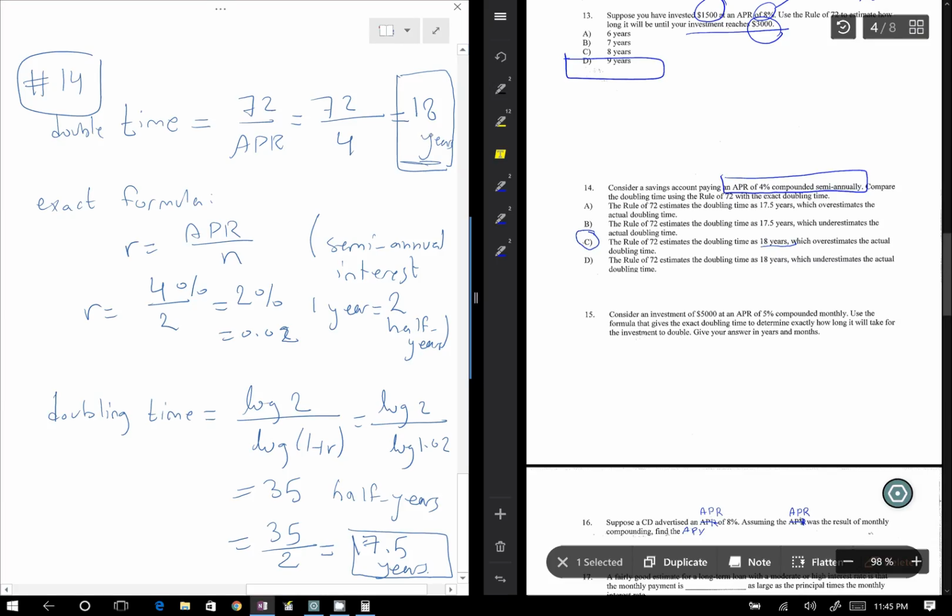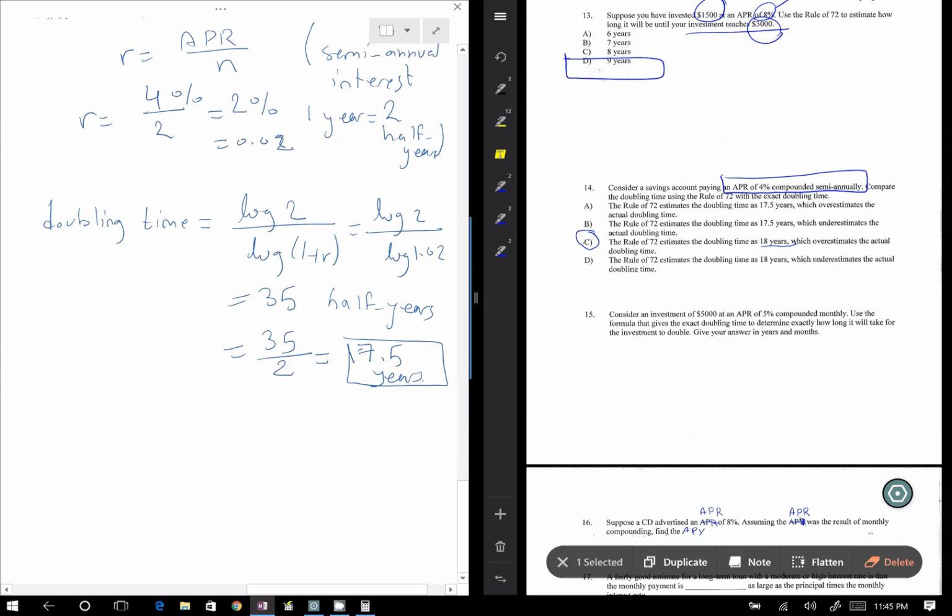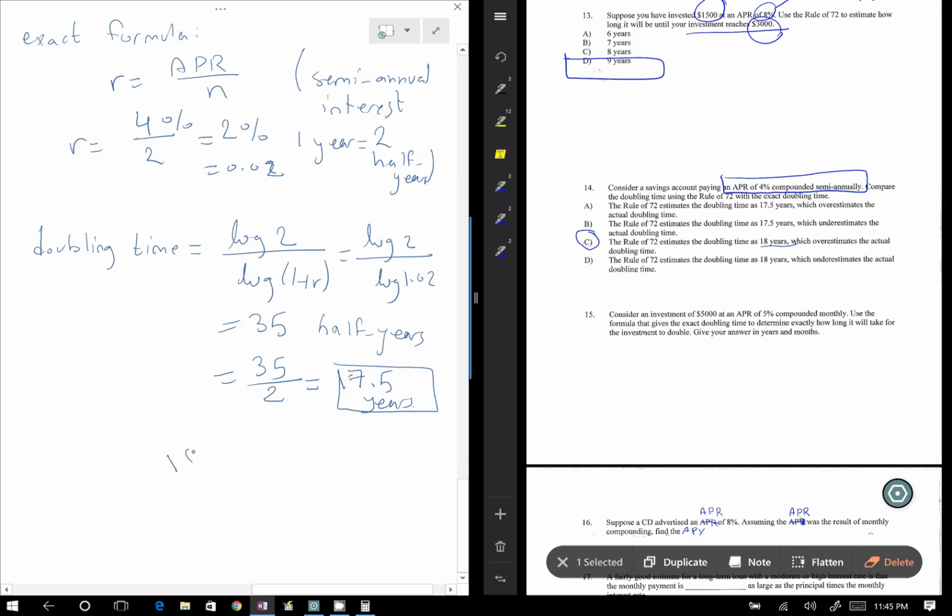It overestimates because 18 is greater than 17 and a half, which means rule of 72 overestimates the doubling time.